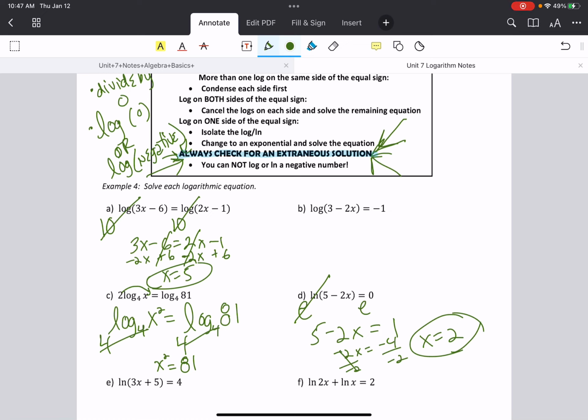What's the square root of 81? 9. And? Plus or minus 9. 9 and negative 9. However, one of those is extraneous. One of those gives me a math error in this case. The negative one, so that one is extraneous. So my only answer is x equals 9.